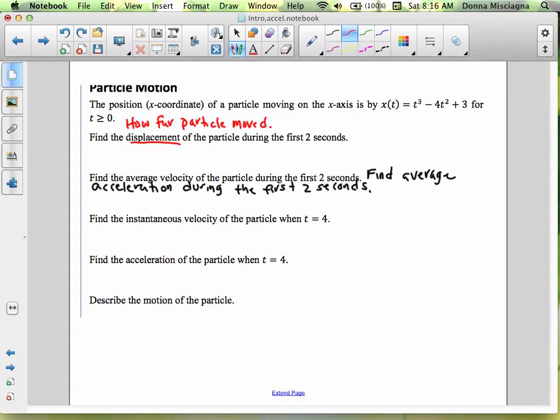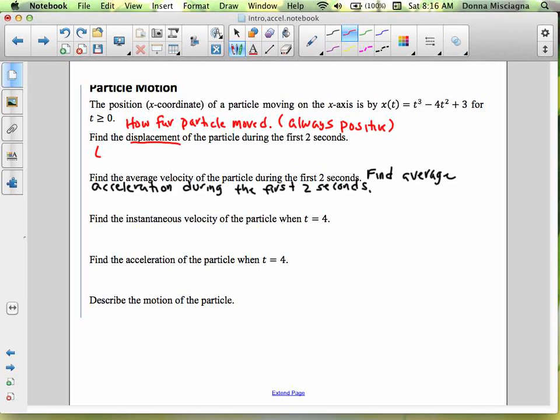All right, so this is always positive. It's distance. So it's always positive. All right, so let's find out where the particle is at t equals 0.